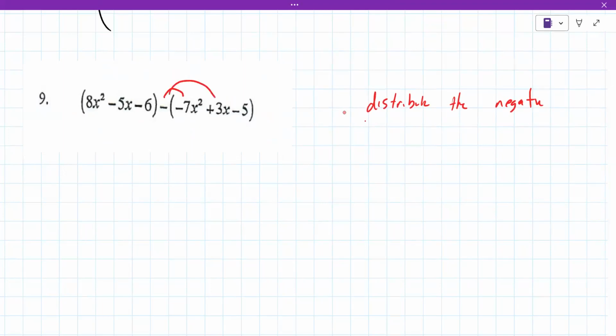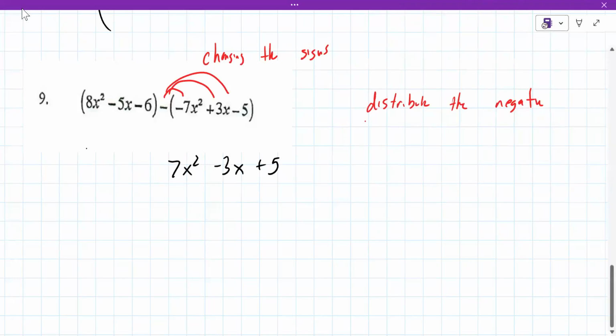You distribute that to everything, and you're effectively changing the signs. So for example, here, 7x squared minus 3x plus 5. On the left, you don't need the parentheses because there's no negative, there's no number in front. It becomes 8x squared minus 5x minus 6.